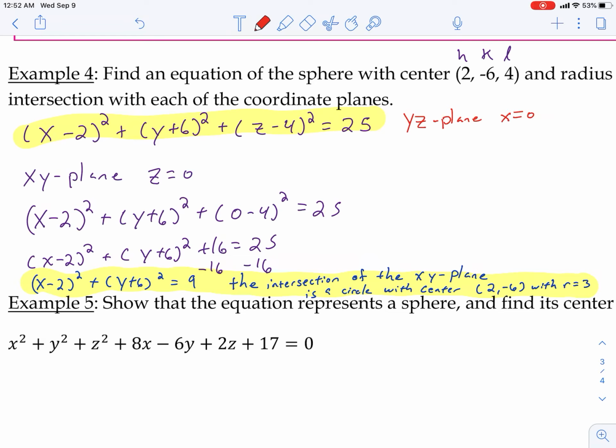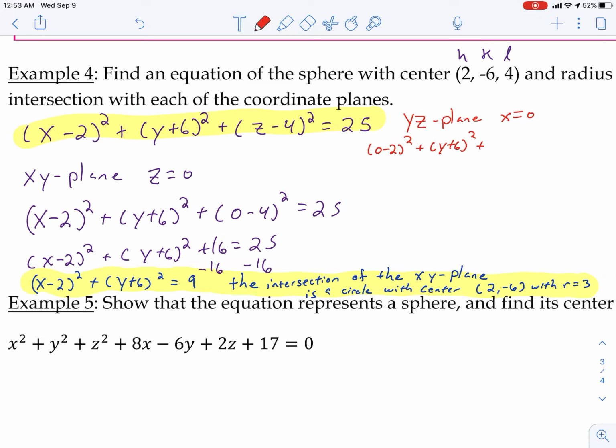And so we're going to do the same thing. I'm going to do this one a little bit faster. When we substitute in, we're going to have 0 minus 2 squared plus y plus 6 squared plus z minus 4 squared, and that's going to equal 25.